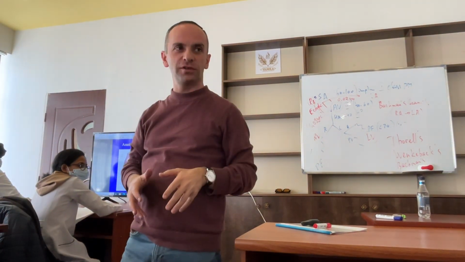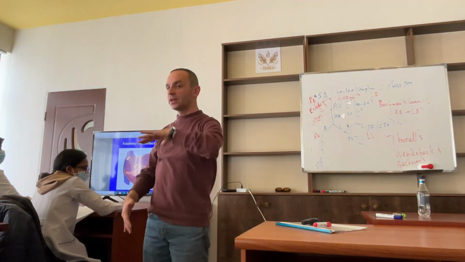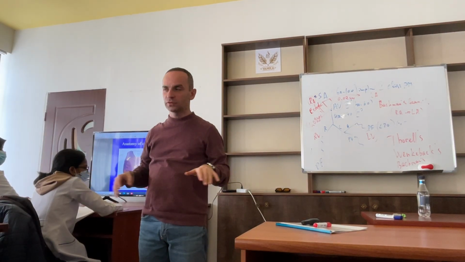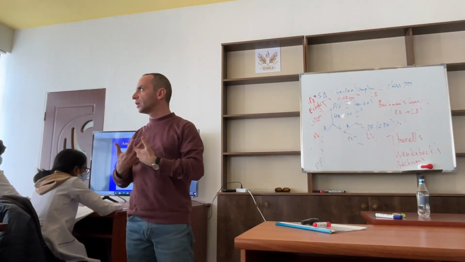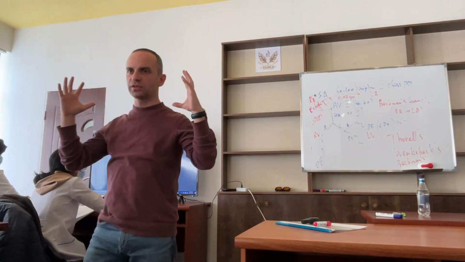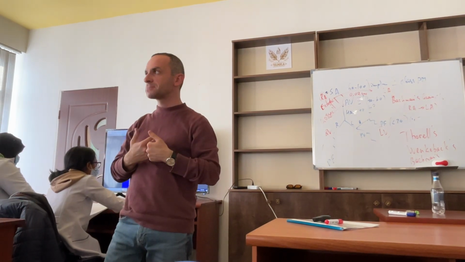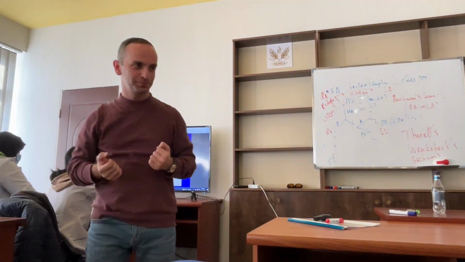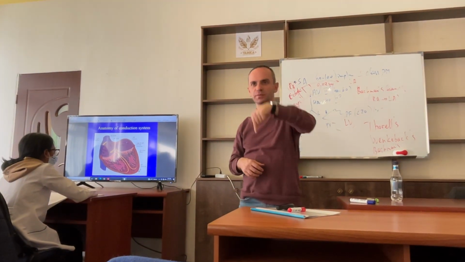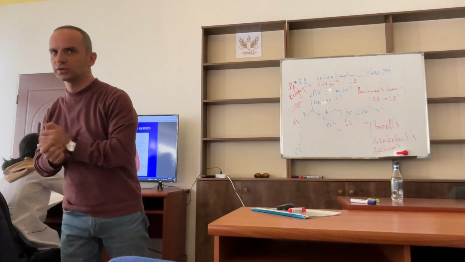Otherwise, we would have everything together. That happens only in complete AV blocks, when atrial and ventricular rhythms are completely dissociated, which is not beneficial for hemodynamics. It means the atria and ventricles contract against each other, which should not happen. The atrium should contract and send blood to the ventricles, and the ventricles contract to send blood to the great arteries.